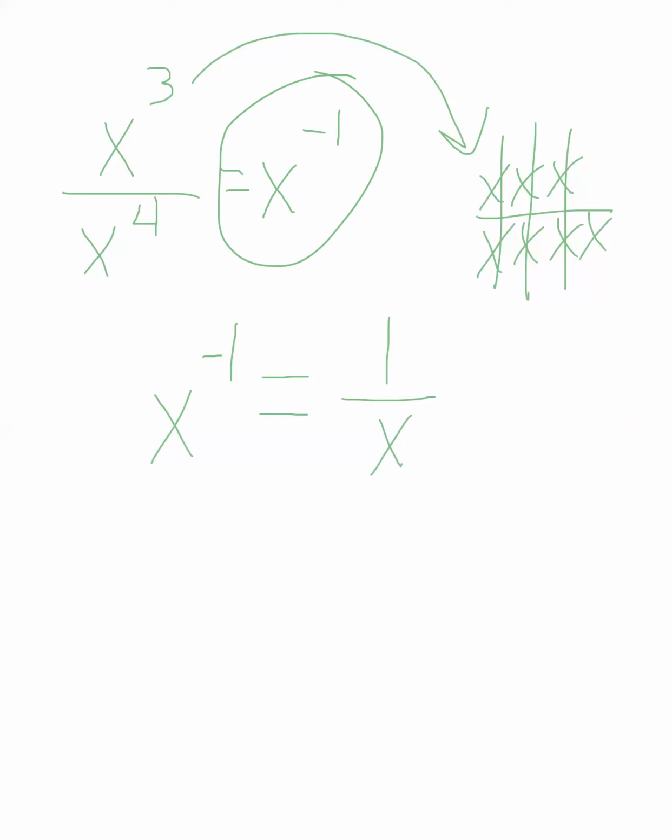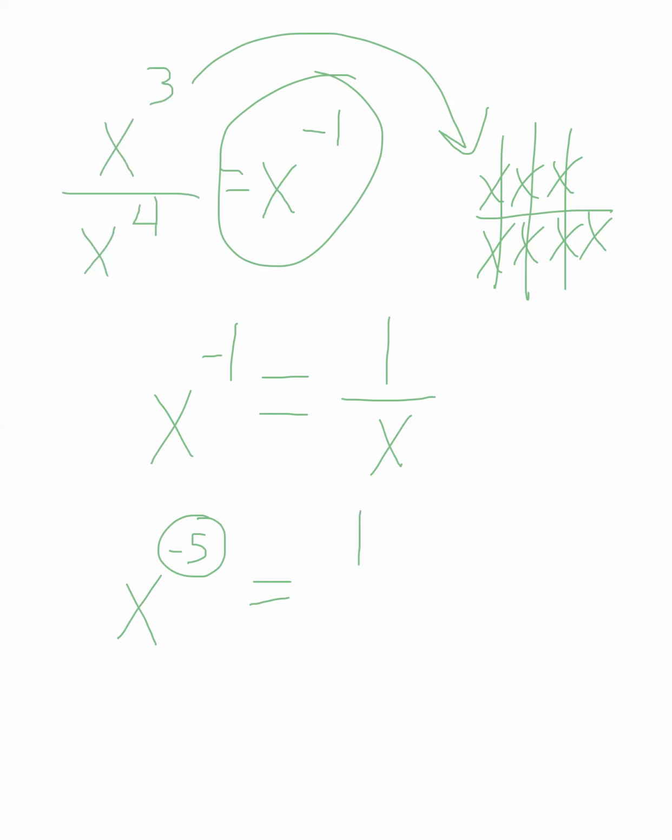So if I needed to rewrite something, like if I did a problem and my answer was x to the -5th, but I'm not allowed to write it with negative exponents, how can I rewrite that with positive exponents? Well, if you have a negative exponent, that means your base just needs to move into the denominator, and then you rewrite it with a positive exponent.